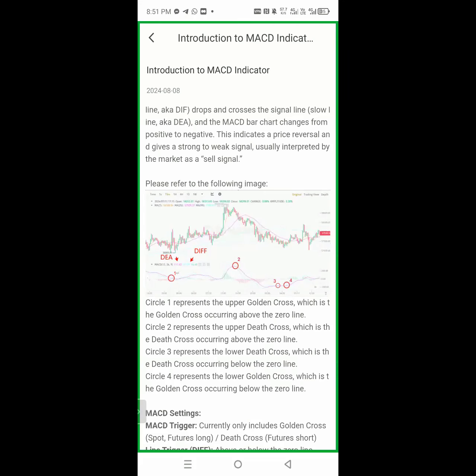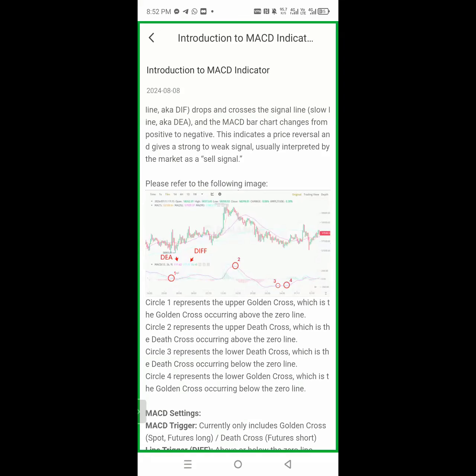You can see the light blue line moving and crossing from down, crossing the purple one and going up. But that cross happened in the upper region, that is greater than zero.